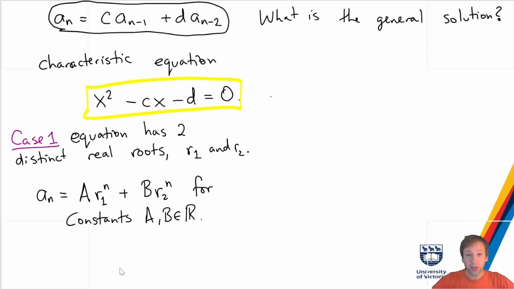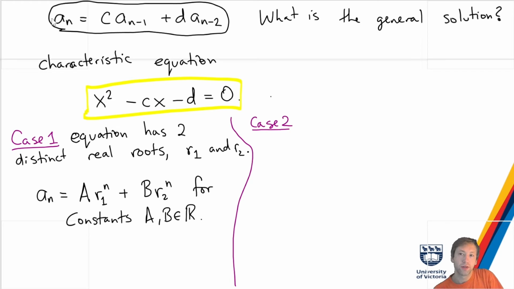So you can just write this down: solve your characteristic equation, find the roots, and the general solution is A times the first root to the n plus B times the second root to the n. It is really that easy.